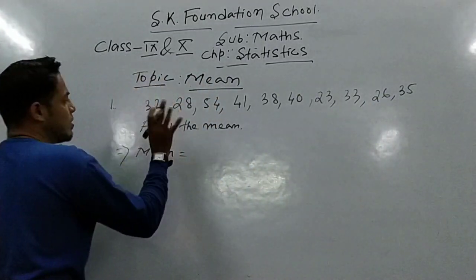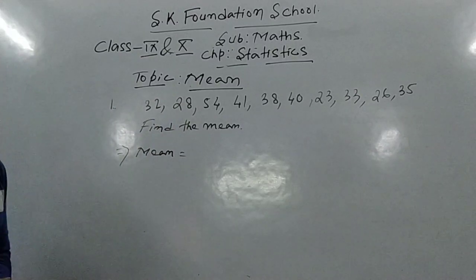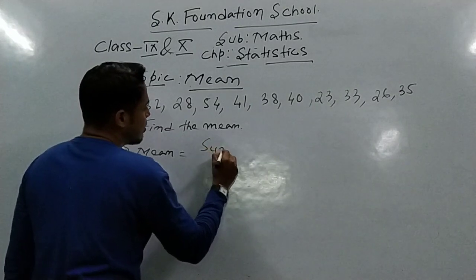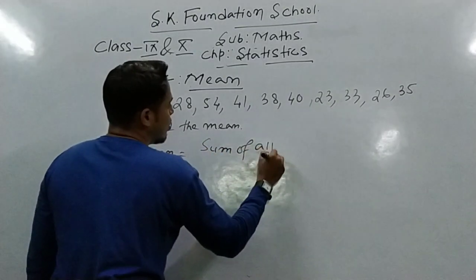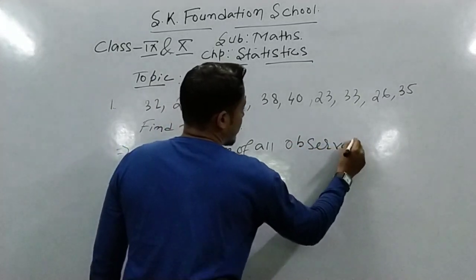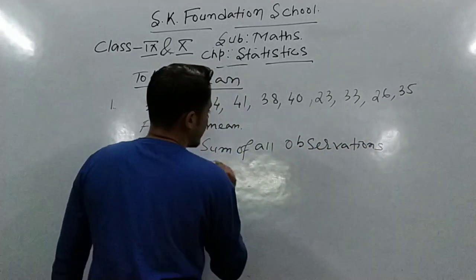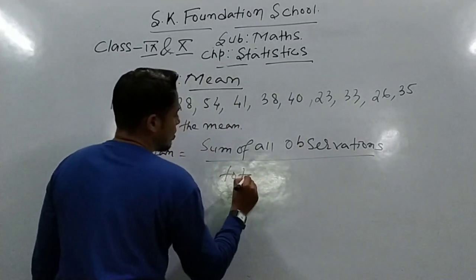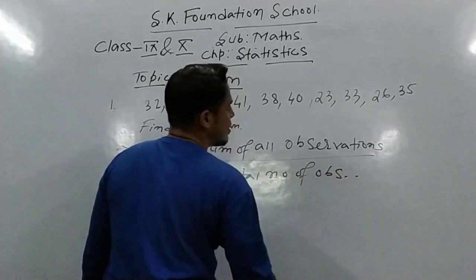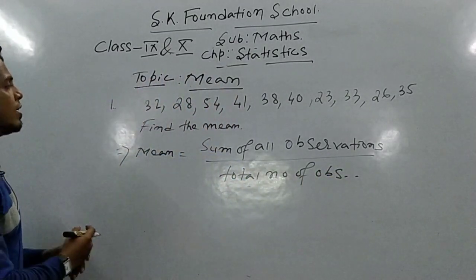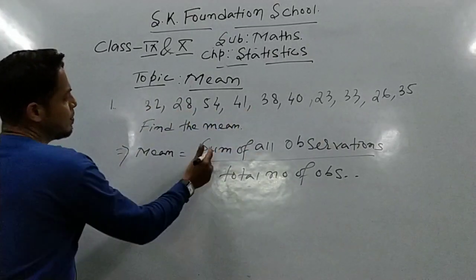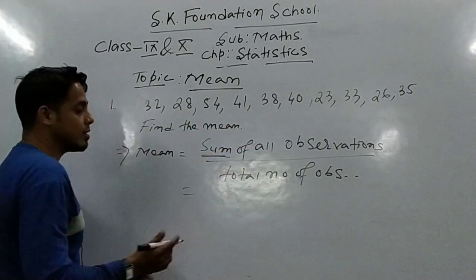Sum of observations means we are going to add all these numbers. According to this formula, sum indicates addition.